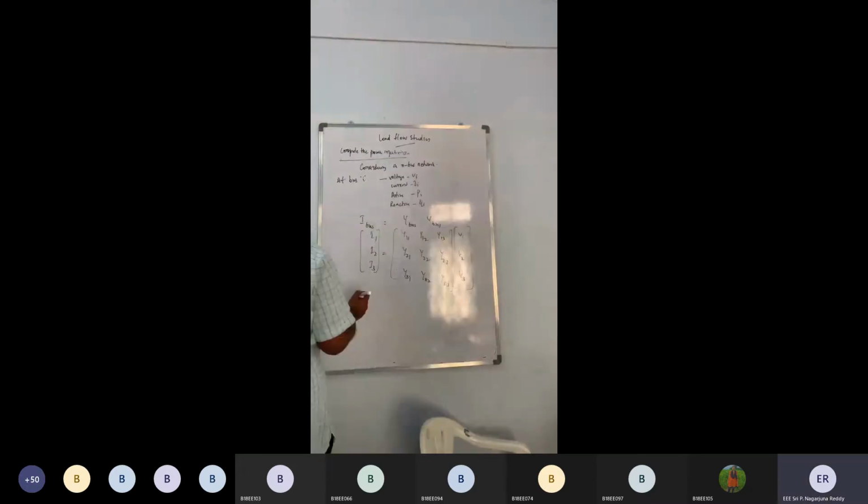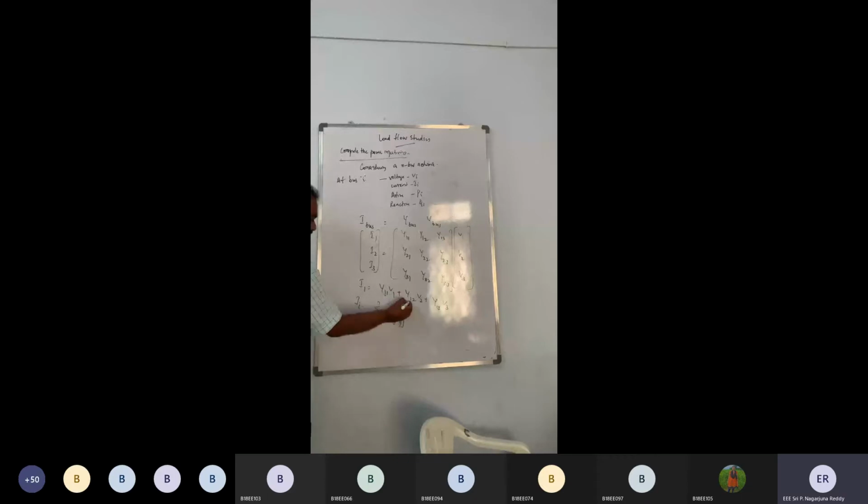Now, if I take I1, what is I1? Y11 V1 plus Y12 V2 plus Y13 V3. So can I write it as Ii is equal to sigma j equals 1 to n of Yij Vj? Yij, because this value is varying now.